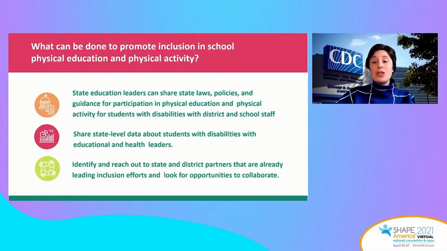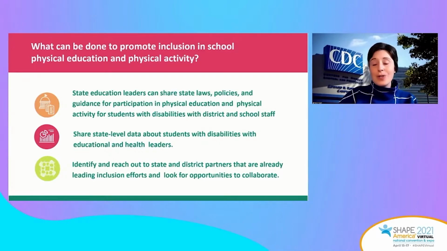Second, share state level data about students with disabilities with educational and health leaders. There's several interactive data sites where you can use and identify estimates about students with disabilities. Starting in 2020, CDC's School Health Profiles survey will have 2 questions related to inclusion. Third, identify and reach out to state and district partners that are already leading inclusion efforts and look for opportunities to collaborate.